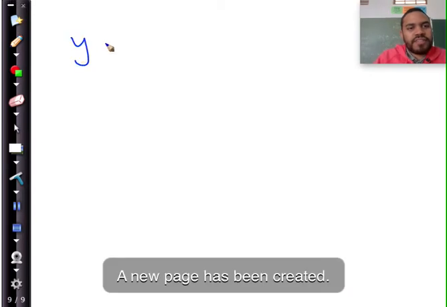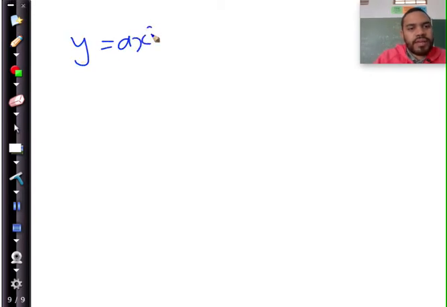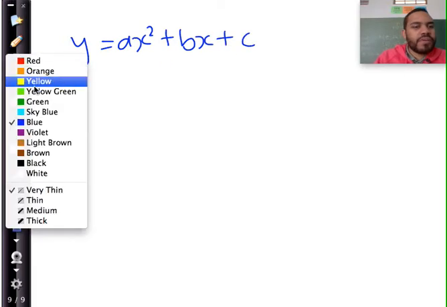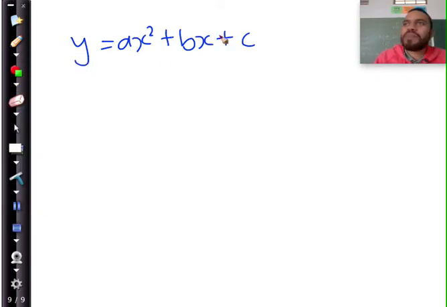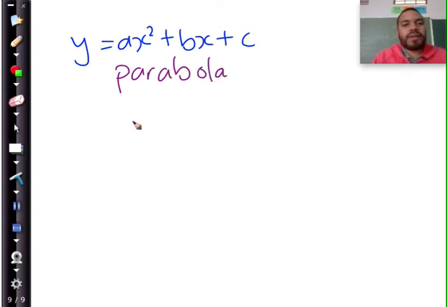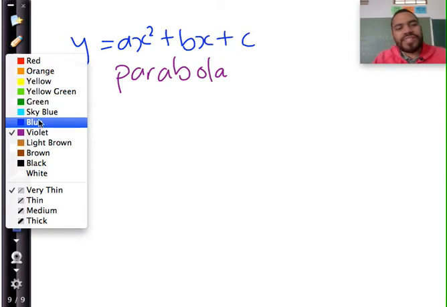Given a curve y equals ax squared plus bx plus c, can anybody tell me what curve this is? What type of curve is this? It's a quadratic curve, right? And that's called a parabola. Okay. Now the other day you learned something called the power rule.